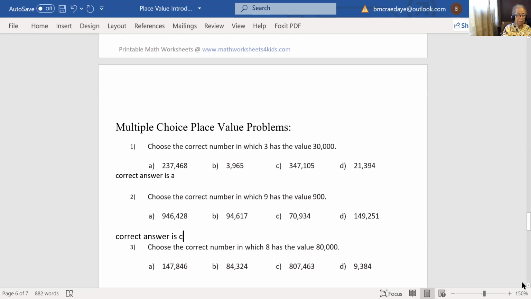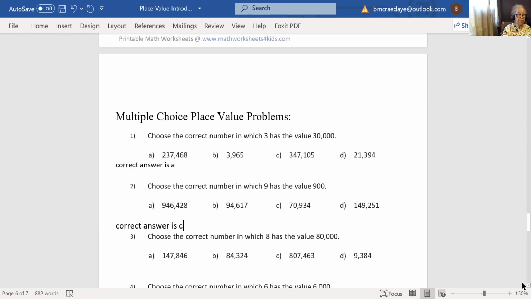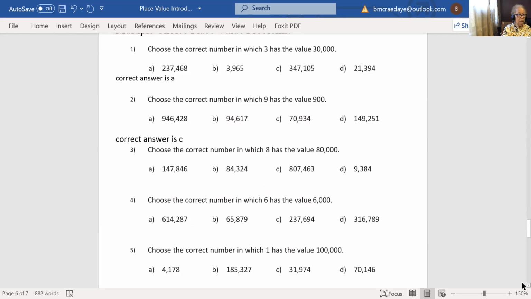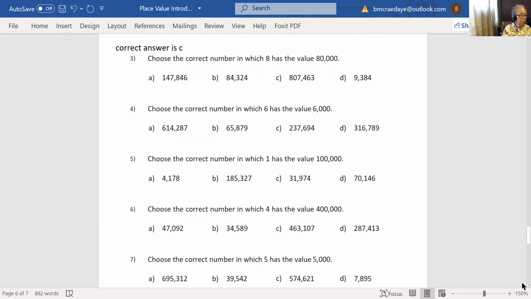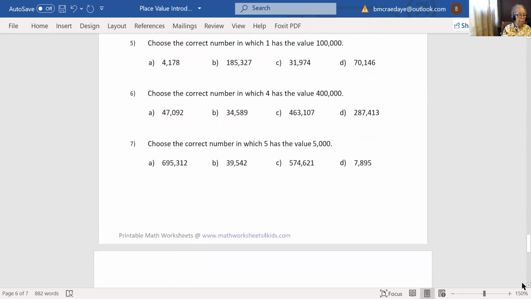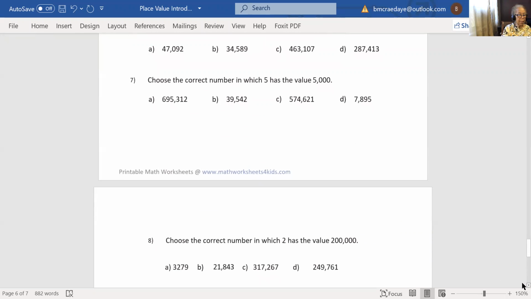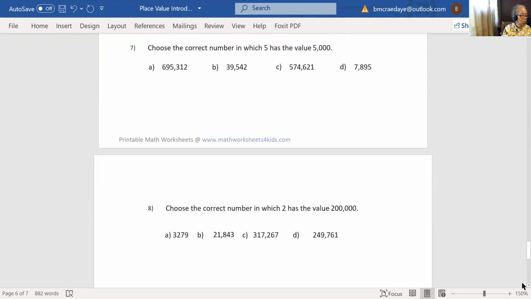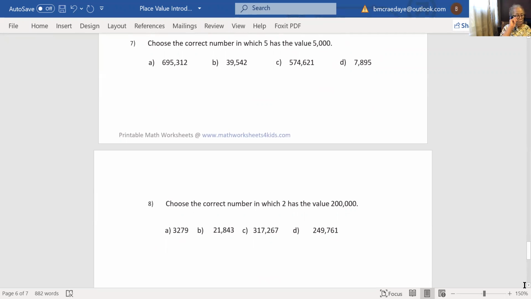Now there were 8 of these, so I want you to try 3 through 8, and we'll see how you do on those. Now, we'll stop here. The next session, we'll go through some decimals, depending upon how you do on the ones that I ask you to do.